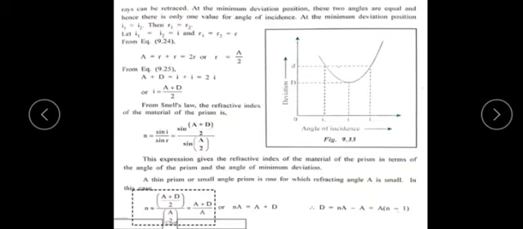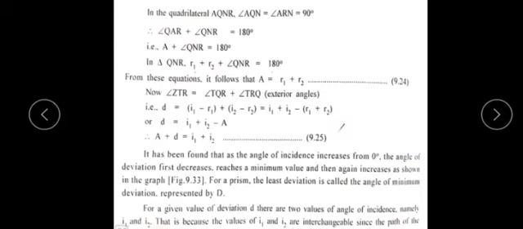From equation 9.25, we know that the I1 value is I and the I2 value is I. Hence A plus D is equal to 2I.